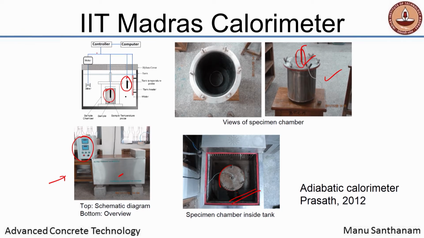There is a controller which tells the heater present inside the tank at what rate it should start heating up, so that the temperature differences are maintained within 0.1 degrees Celsius. We do not want the concrete temperature at any time to differ by more than 0.1 degree Celsius from the water temperature. Every time there is a difference of 0.1 degree, the relay tells the circuit that I need to start the heater.